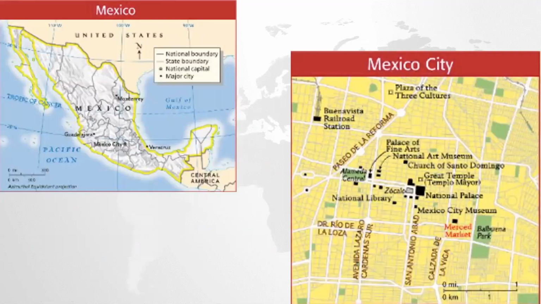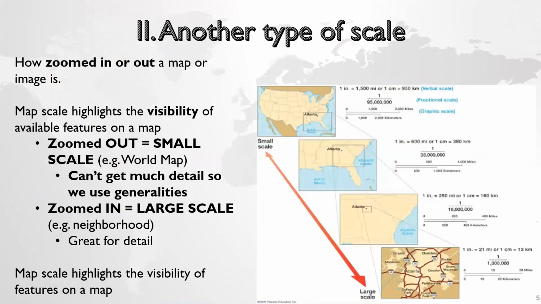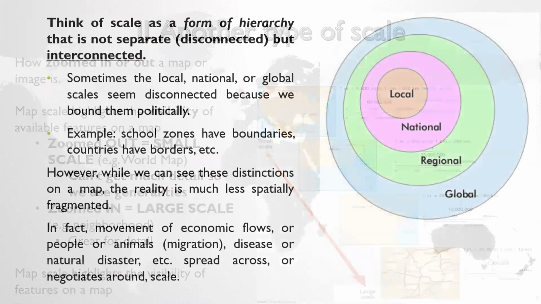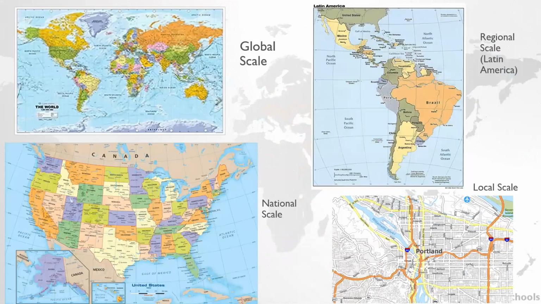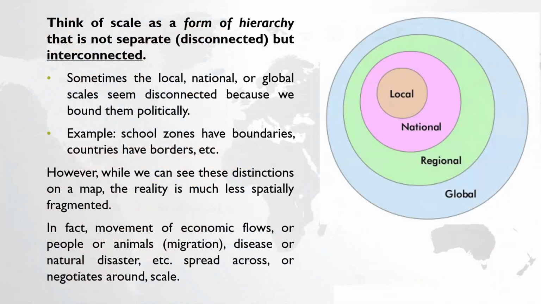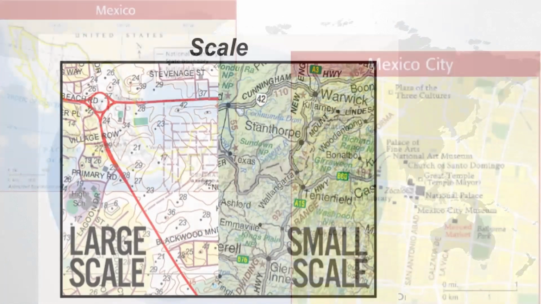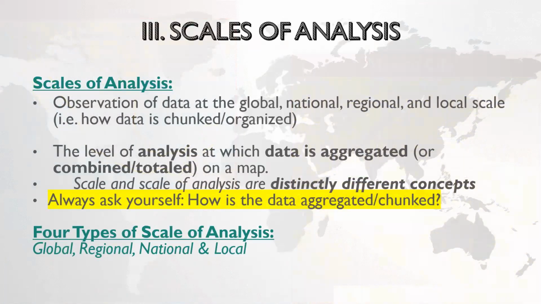Cool. So now that we're familiar with how zoomed in or zoomed out we are, and with geographic scale, whether a map is global, regional, national, or local, let's add another layer to this. We're going to talk about scales of analysis. Scales of analysis can be tricky at first, but once you understand the definition, it makes sense.